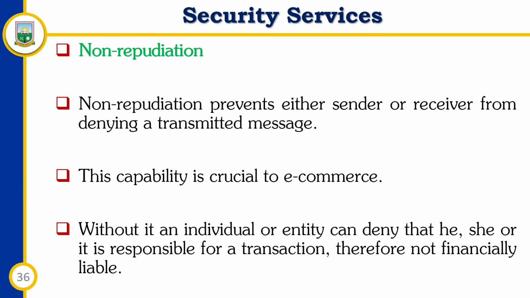You don't give it out to your boyfriend or girlfriend because you are in love. If something happens at the end of the day, it will be very difficult to prove that this is not you. So please be mindful of that. That is where non-repudiation comes in.